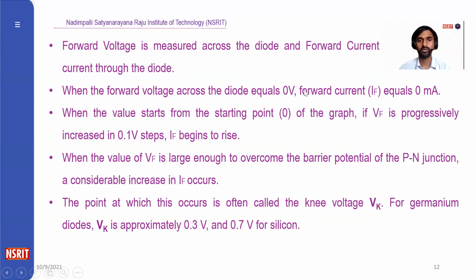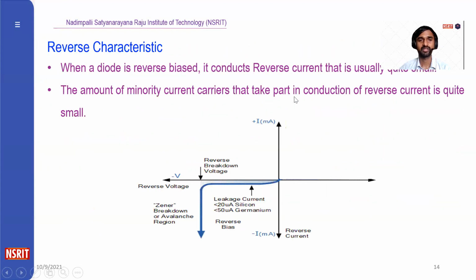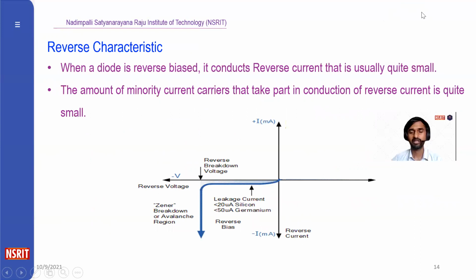Now moving on to the reverse characteristics. These are the reverse bias characteristics of a PN junction diode. As we have discussed, when we apply reverse bias, our diode becomes non-conductive; it will not allow any current to flow through it. But still, we get a small amount of current, which is called leakage current.